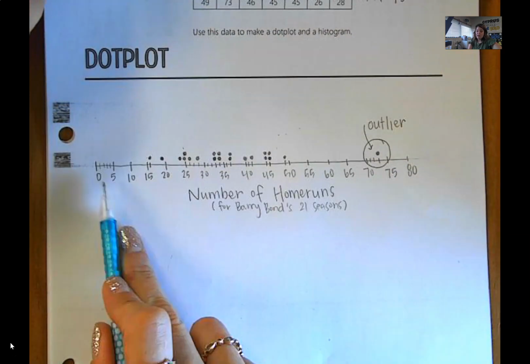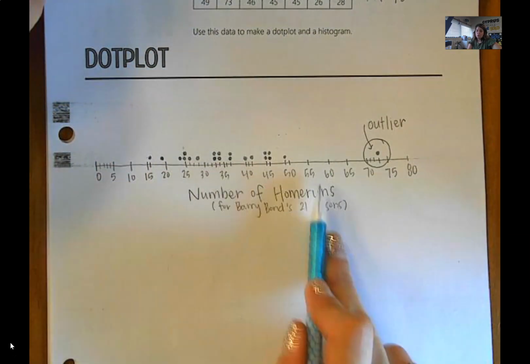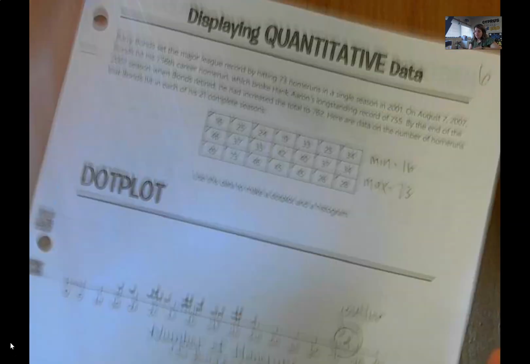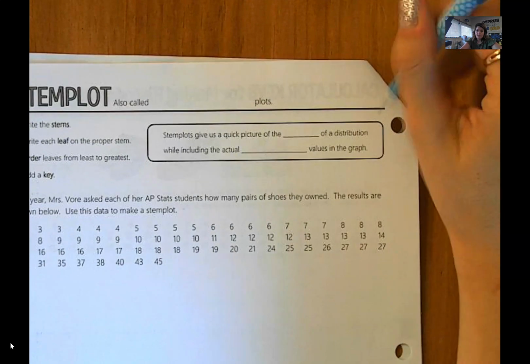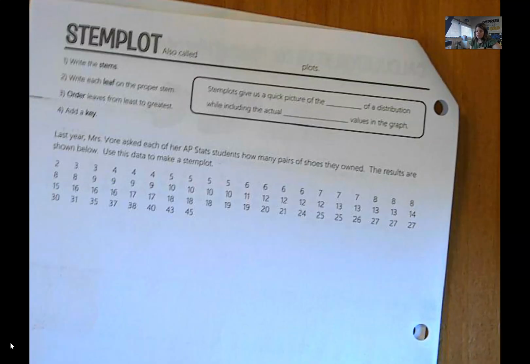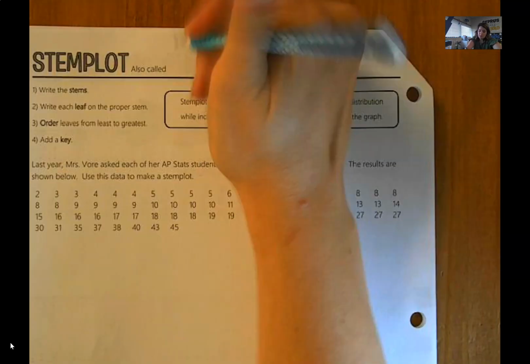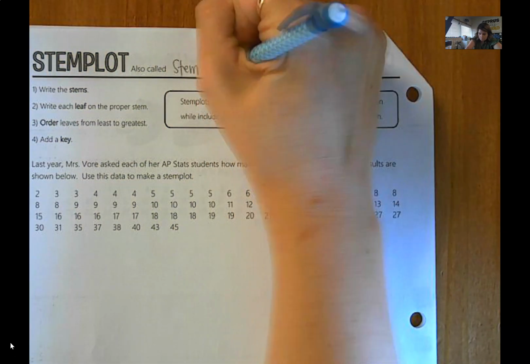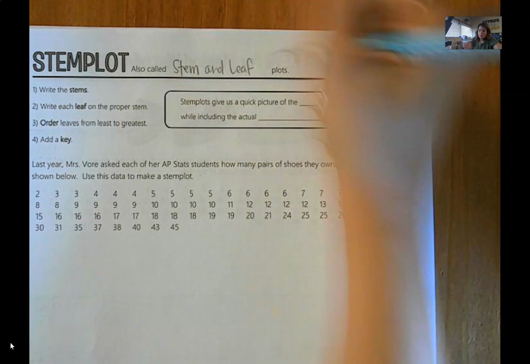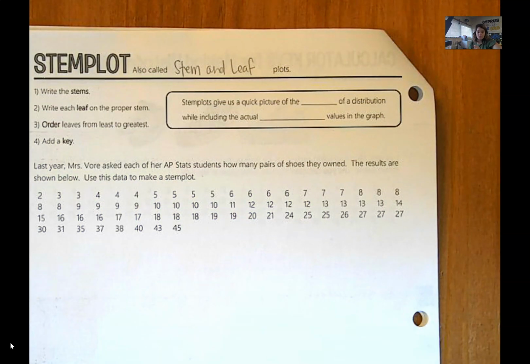We would not have had to write all these individual tick marks like this. So stem plots, they're fast, they're easy, and they still allow you to see all of the things that you're interested in. So stem plots are also called stem and leaf plots. I'll probably call them stem plots most often.